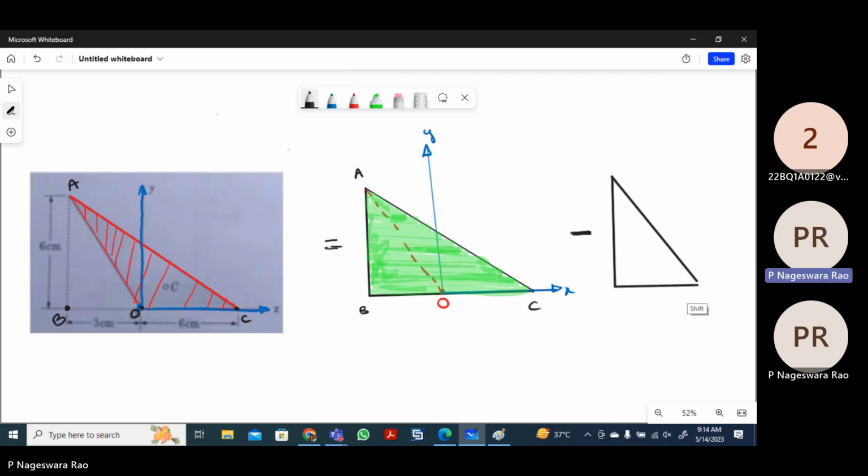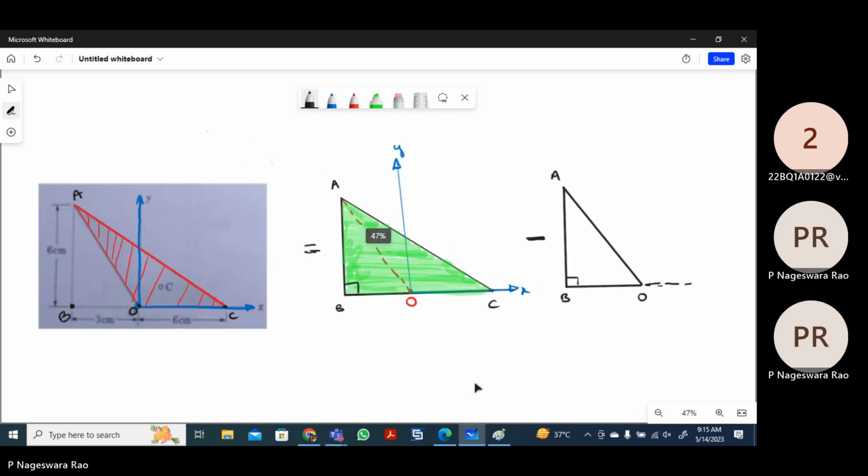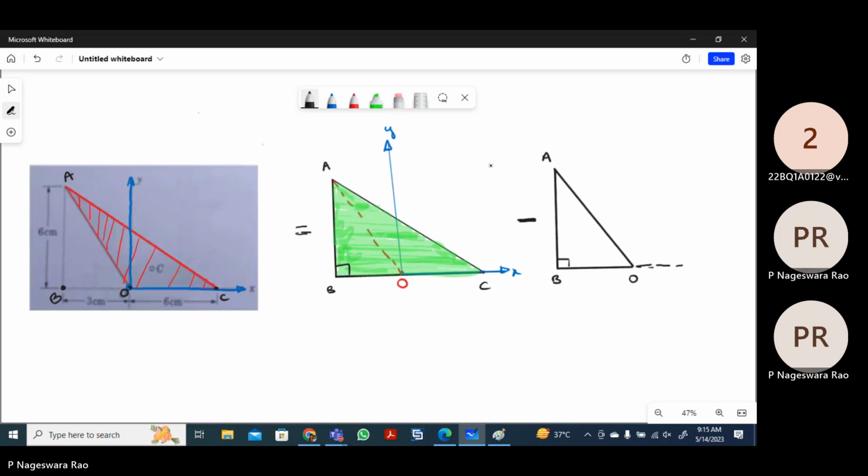You know that this is a right angle triangle ABC, and this is ABO. Just for convenience I'm showing you, this is the point C here.